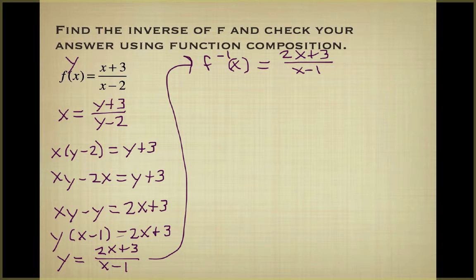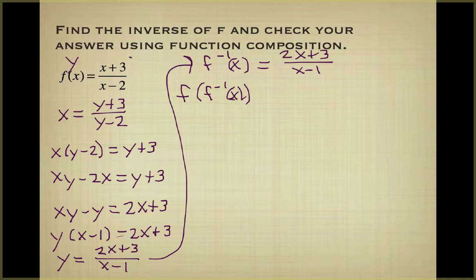Now it says to check it by using function composition. So we're going to take f of f inverse of x, and we're going to see what we get. So what we're going to do is we're going to take our original function and plug in 2x plus 3 over x minus 1 for each of our x's.